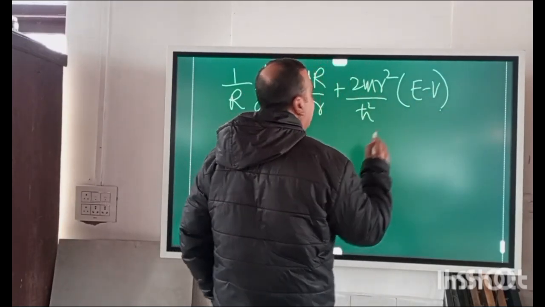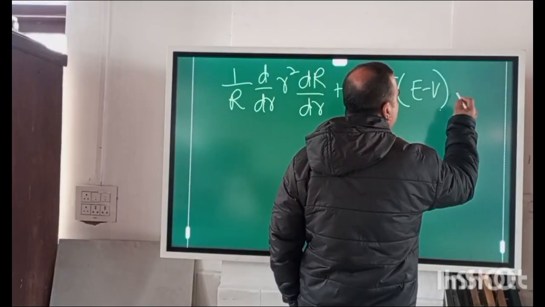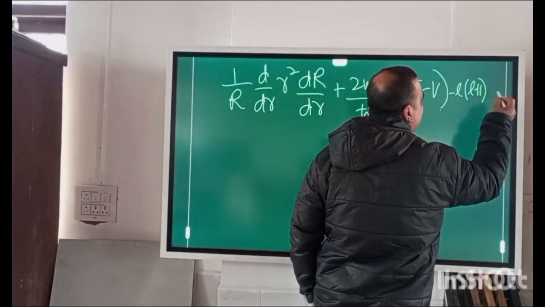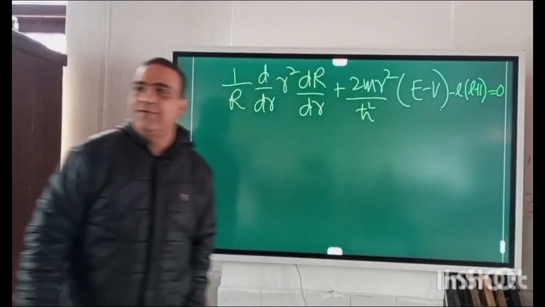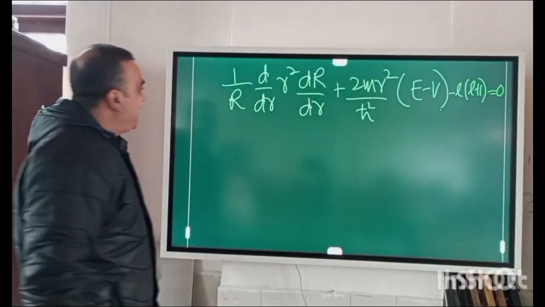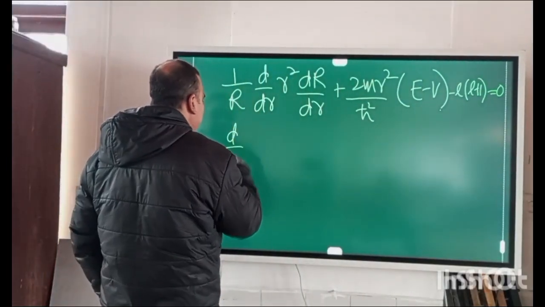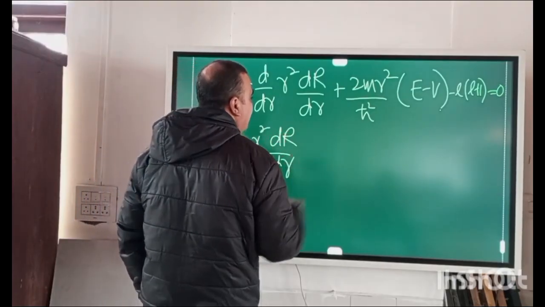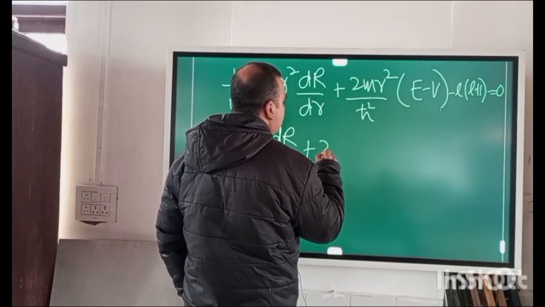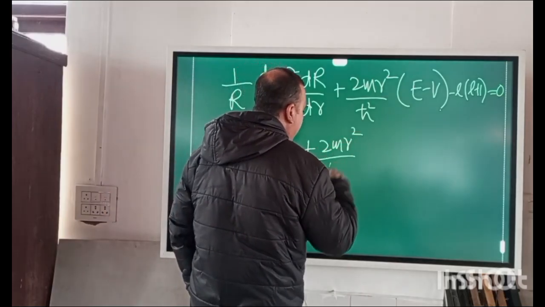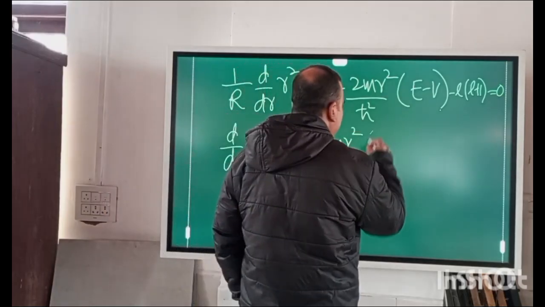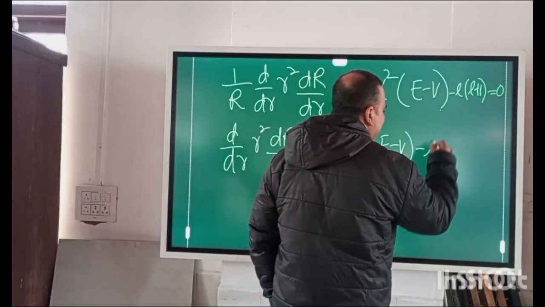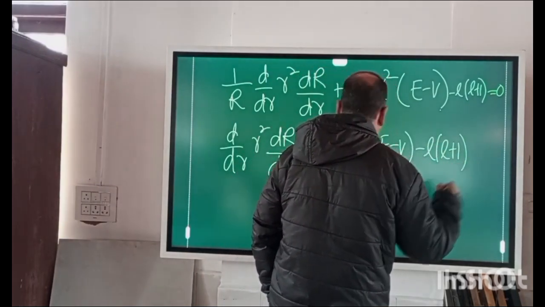Okay, E minus V minus L into L plus 1 is equal to 0. Right? Fine? Now you can immediately see that this is d by dr of r square dR by dr. Then you have plus 2m r square by h bar square, and then E minus V minus L into L plus 1.